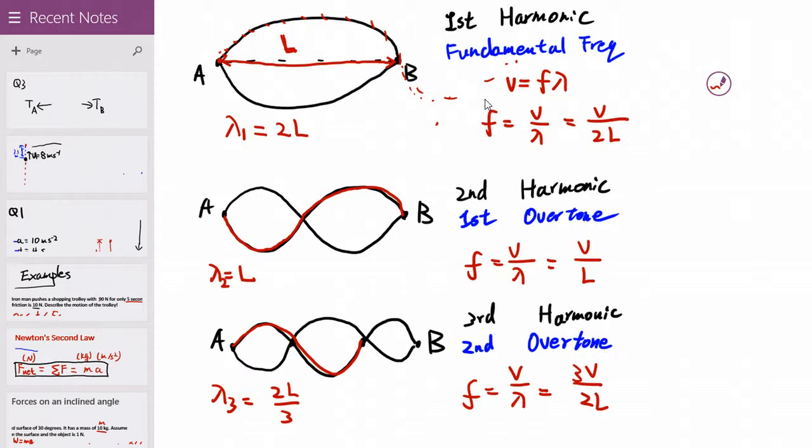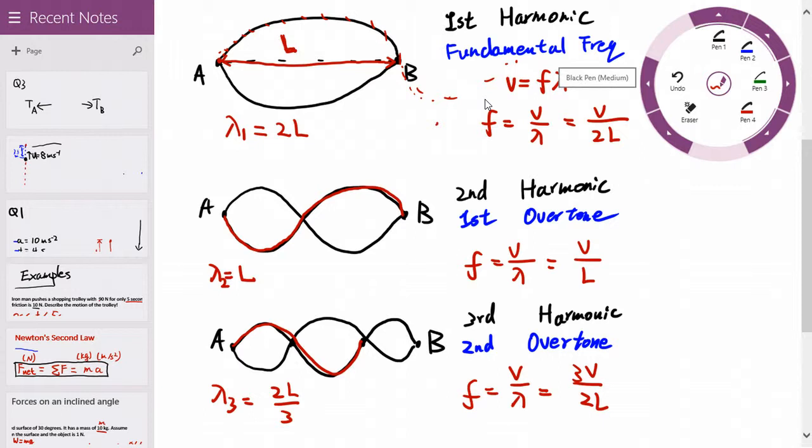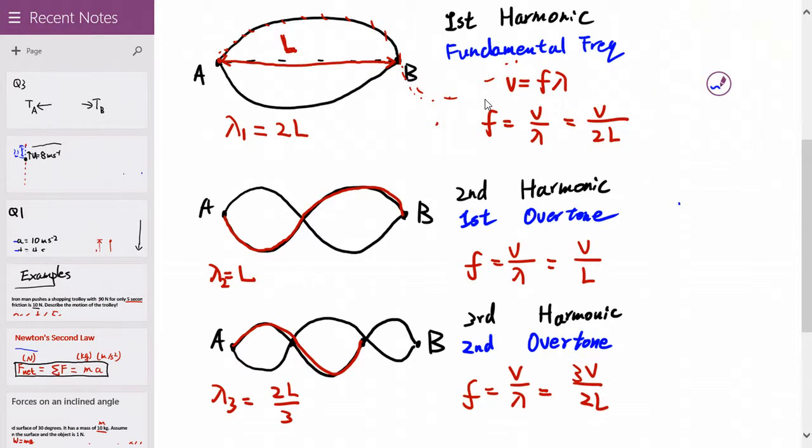But remember that scientists sometimes deal with the 10th harmonic, the 11th, the 12th, or the 100th harmonic. If we did that all the time, it would be annoying. So they came up with a formula.